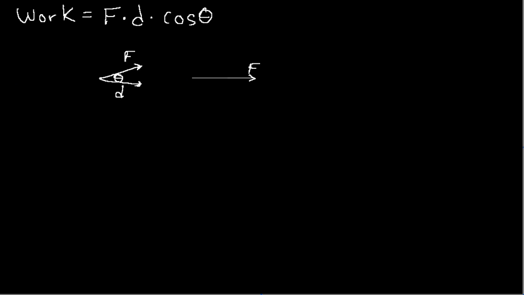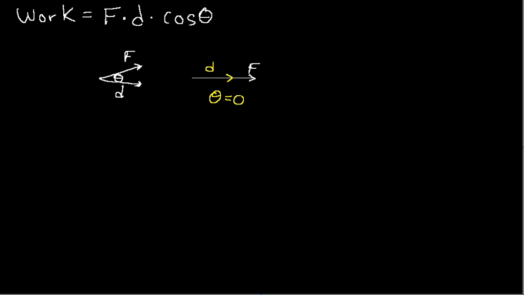So there's my displacement vector. This is D. Then you can see that they're lined up, making the angle in between the two 0. So here theta would be 0.